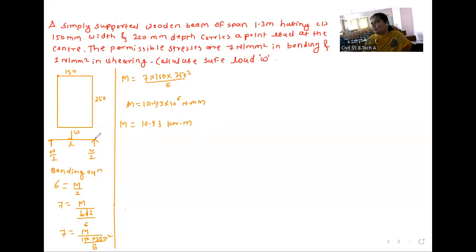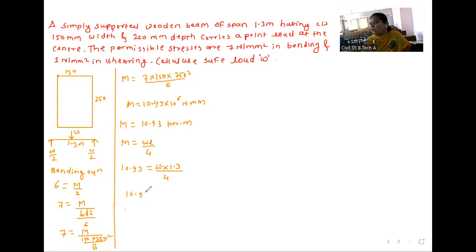Suppose this is a simply supported beam. The span is given, and the span for this simply supported beam is 1.3 meter. If a simply supported beam has a central point load applied, then M is equal to WL divided by 4. This is the bending moment formula for this beam. The moment we have already calculated is 10.93, which is equal to W into 1.3 divided by 4.